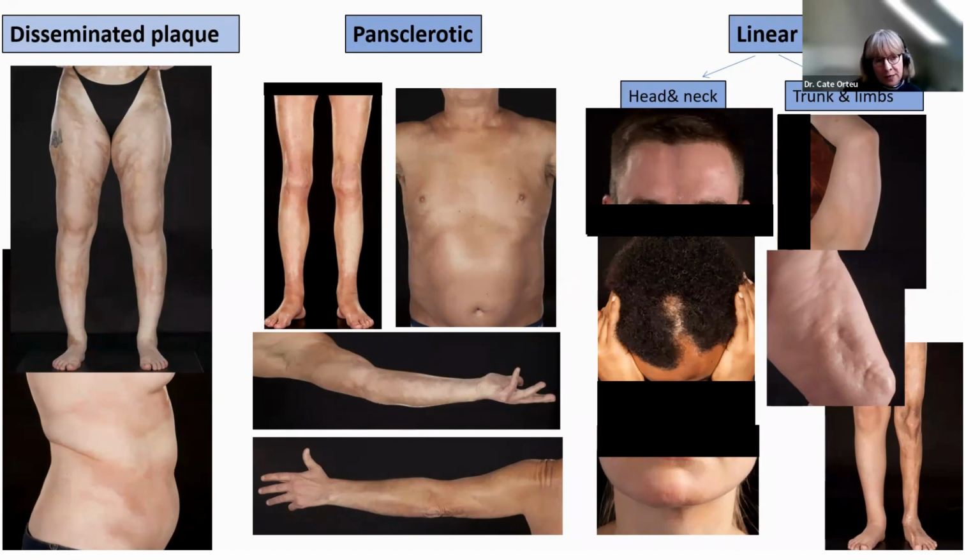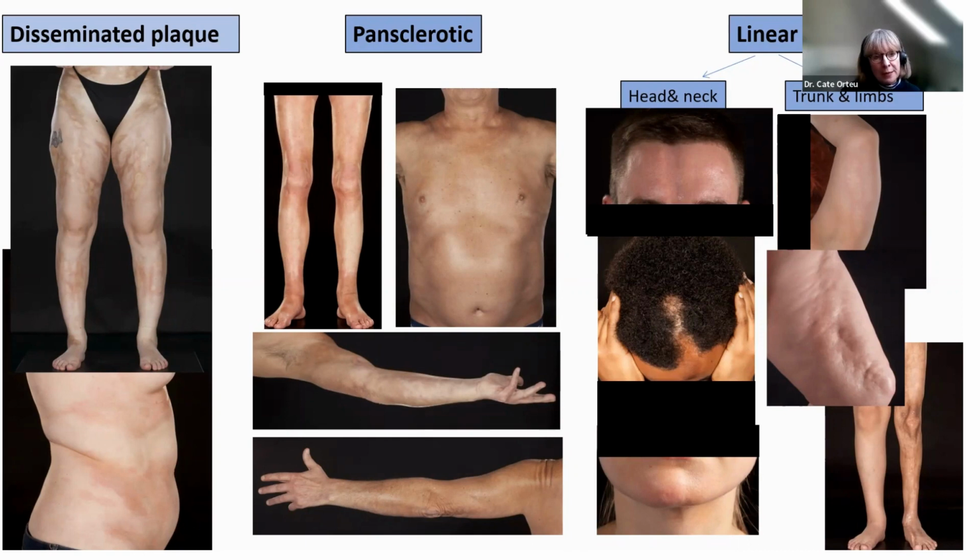There are 7 anatomical sites: the 4 limbs, the front and back of the trunk, and the head and neck. So if you have lesions at at least 2, but generally more than 2 sites, then that would be classified as disseminated plaque disease.